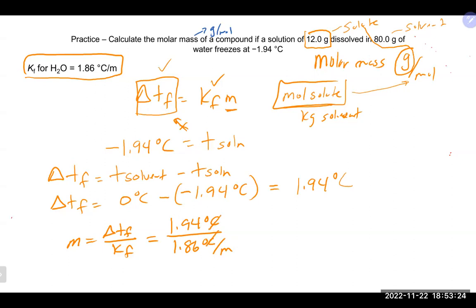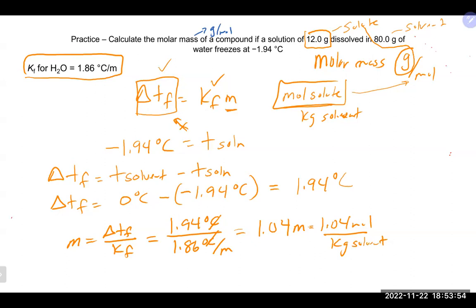When you divide it, the molality will flip to the top, and that will get you 1.94 divided by 1.86, which will get you 1.04 molality, which is basically 1.04 moles per kilogram of solvent. Any questions on that so far?